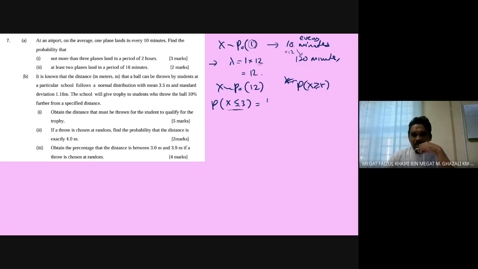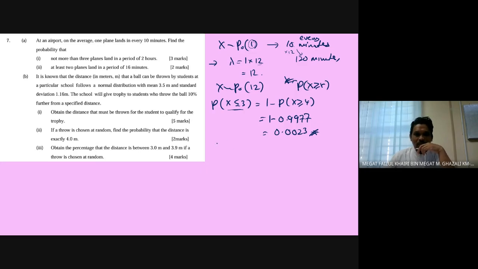So just come up with 1 minus probability of X greater than or equal to 4. Just find it in your statistical book. It is 0.9977. So then the answer is 0.0023.